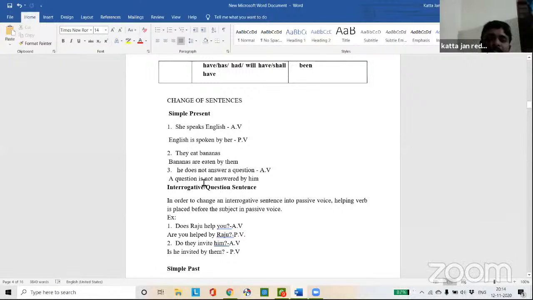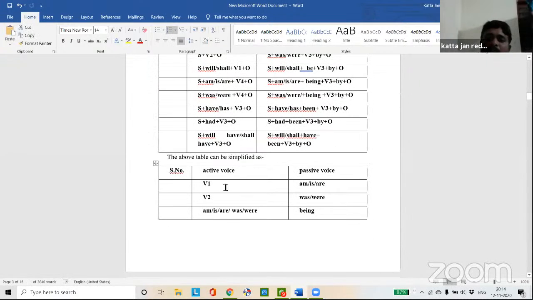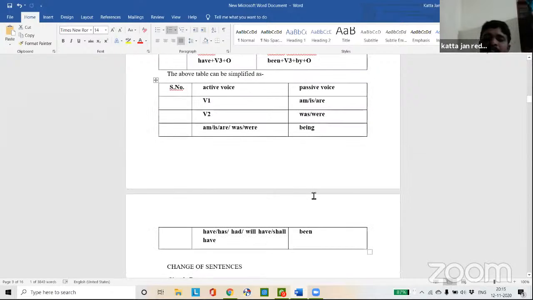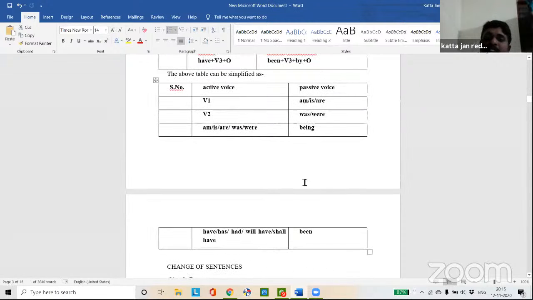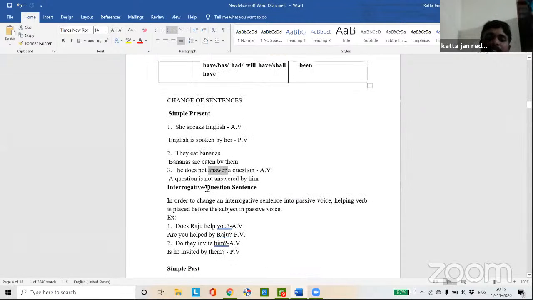Right? Is. Why is again? Here we used does, but here is, why? Because of V1. The same formula. V1, am, is, are, irrespective of does, do, did. Right? If V1, am, is, are. Okay? Remember. So a question is the subject, and the verb is because of V1. Not should be used because here not is used.